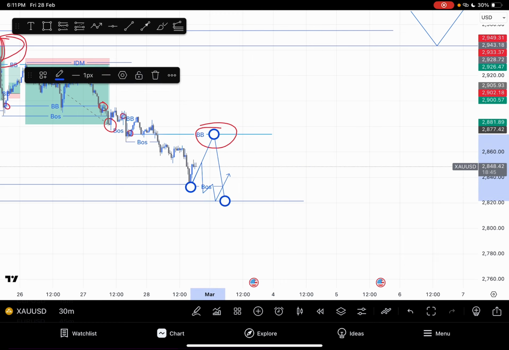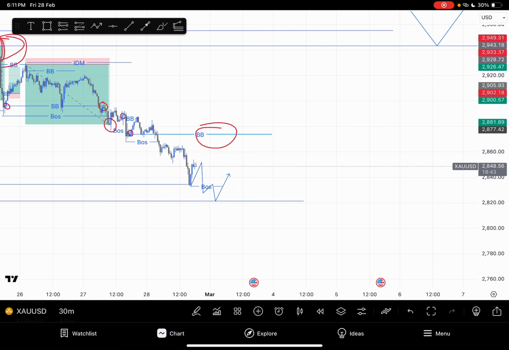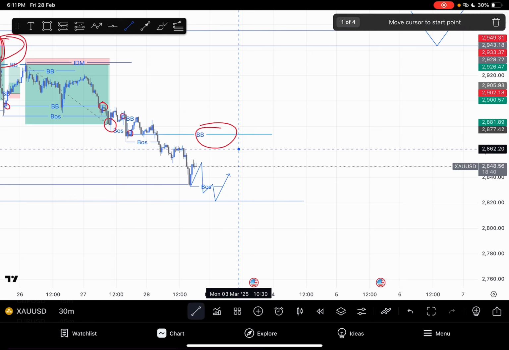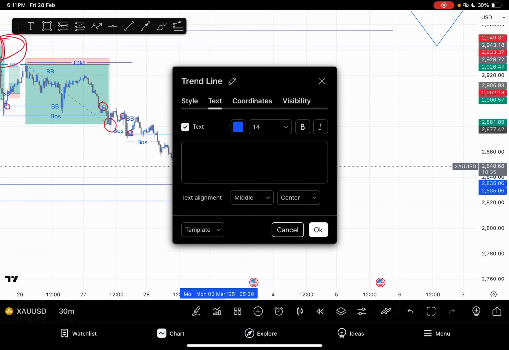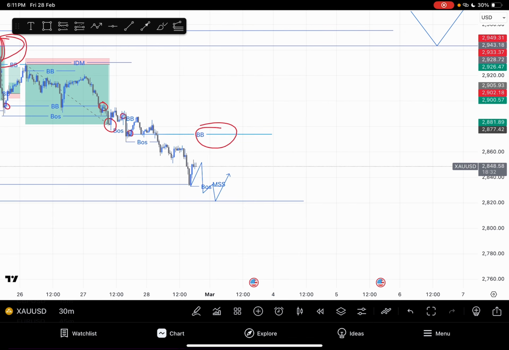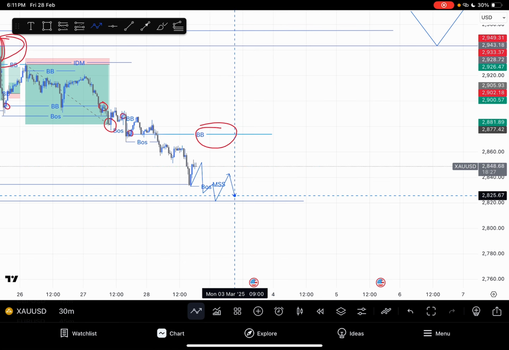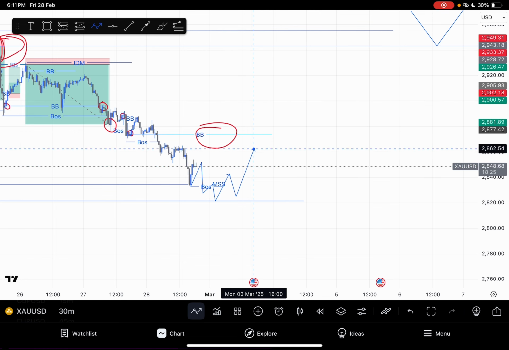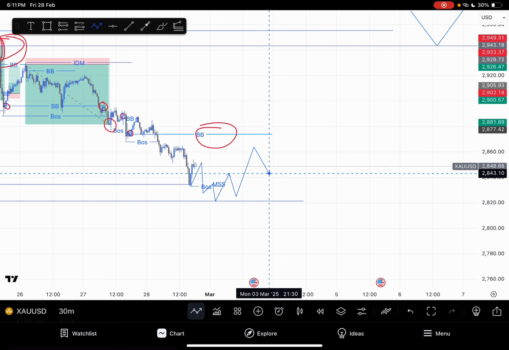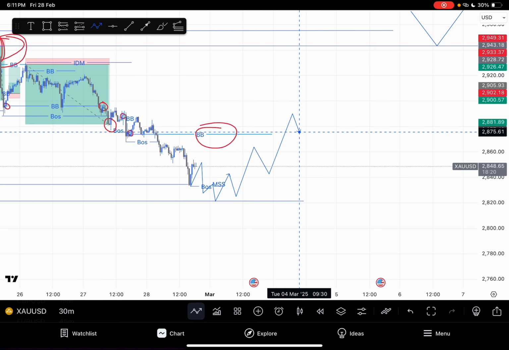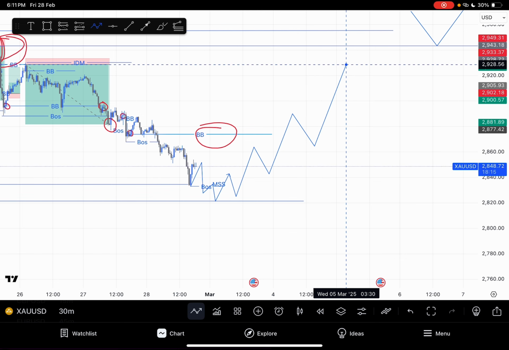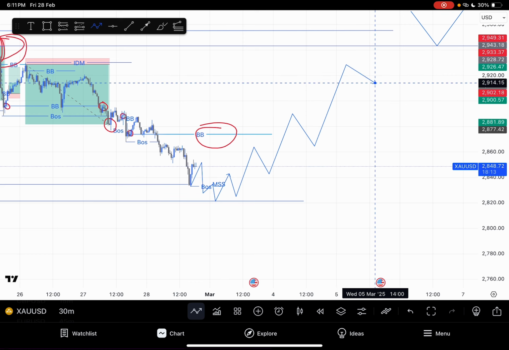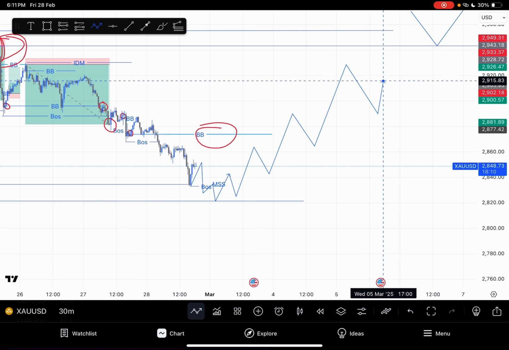Then you see something like this now, for example, this point has automatically turned into the market structure shift. So now you see price come back again for the order block that will be created on this low. Then you see price creating multiple break of structure to the upside, breaking above every previous high, just like that.